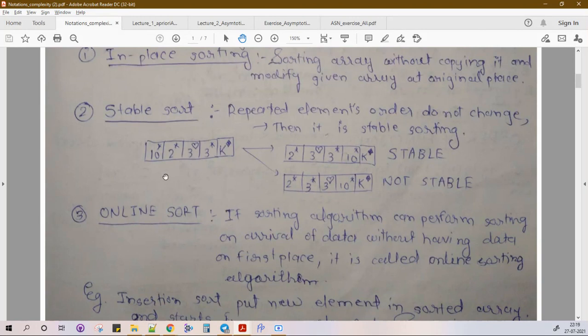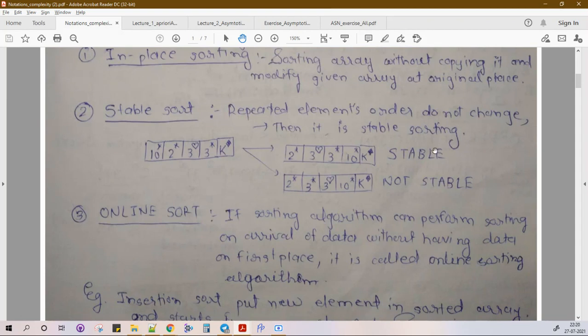So we have this stable sort. Let's say we have one array and two elements are repeating. Here 3 and 3 are repeating, right? If the position of these repeating elements is not changed, the order should not change, right? Because otherwise your sorting algorithm is not doing well, correct?